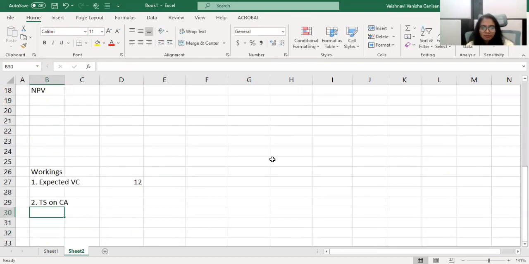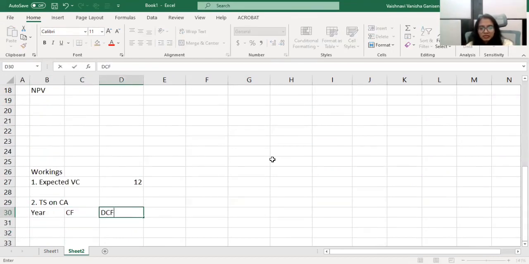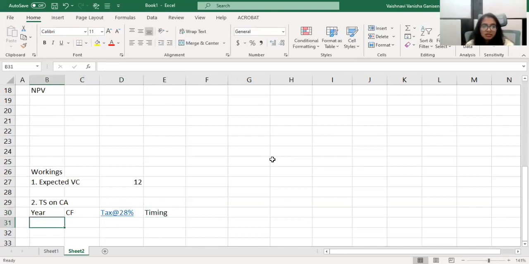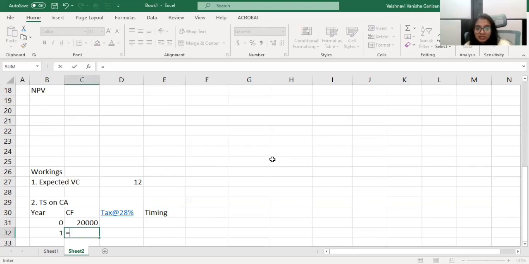TSCA, year, cash flow, tax at 28%, timing, year 0, 20 million. Year 1 is at a 25% reducing balance basis.